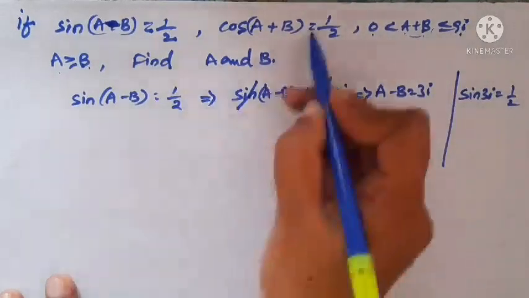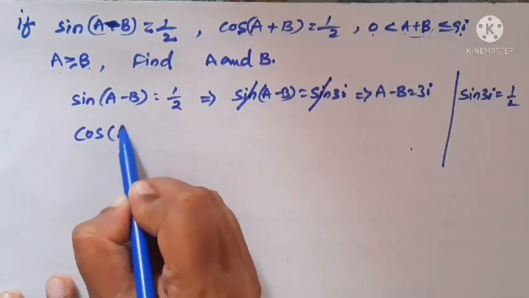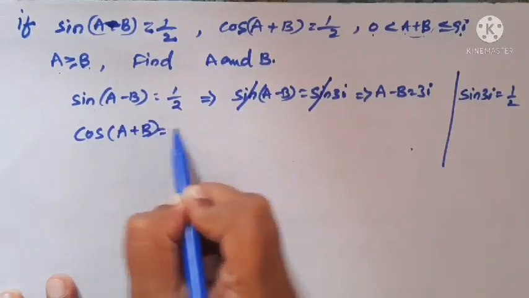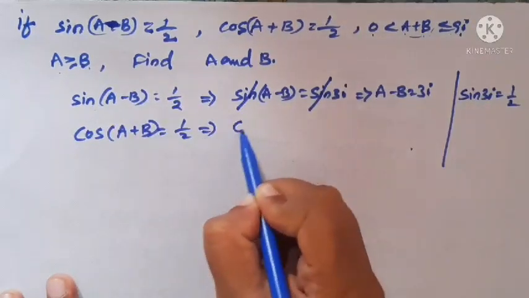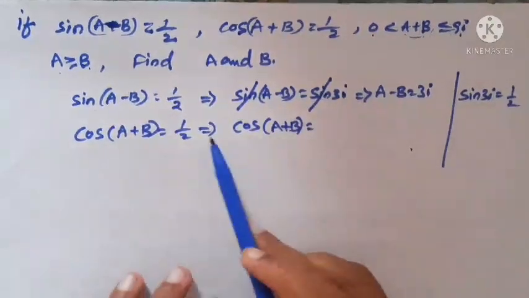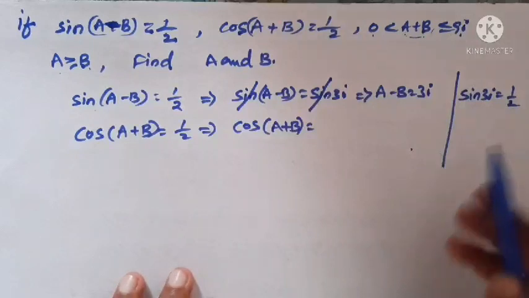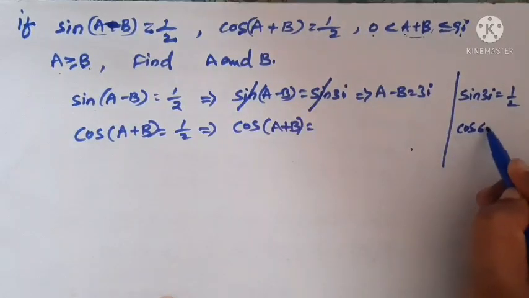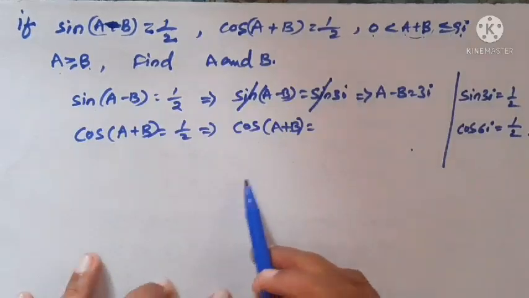Okay? And now next, what is given? cos(A plus B) equals 1 by 2. We have to write the value 1 by 2 as a cos value. How much? You know that cos 60 degrees equals 1 by 2, right?